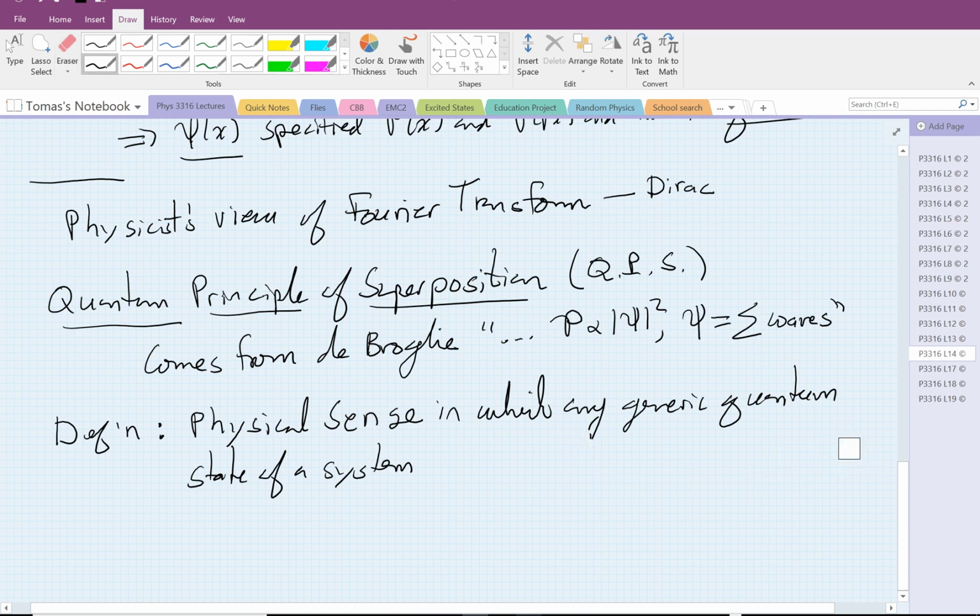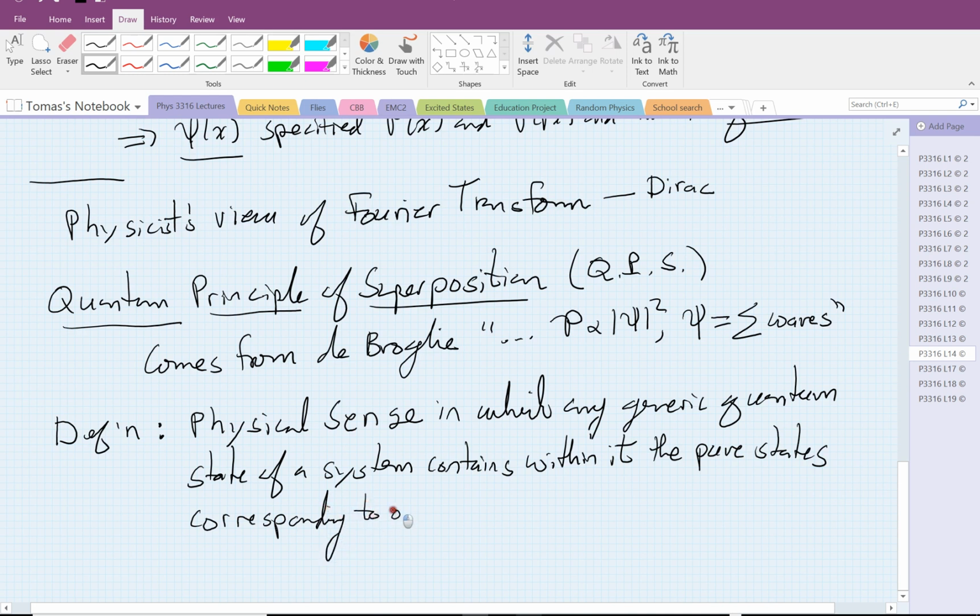I just want to say, in physical terms, that any generic quantum state of a system contains within it the pure states corresponding to outcomes, particular values theta naught, of observations of an observable O.